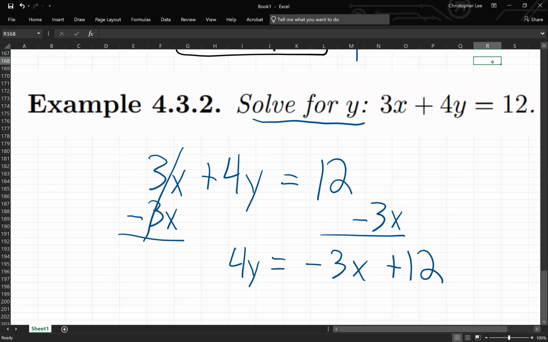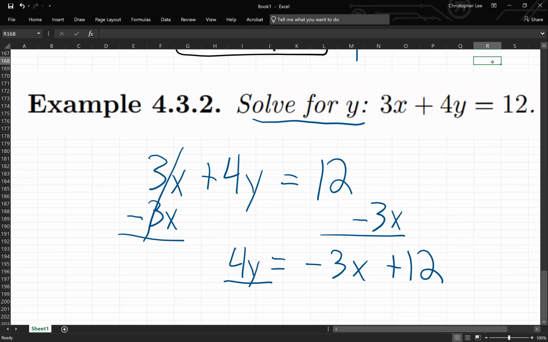They're different terms, so they can't be combined, right? But still, I don't have y by itself. This 4 is in front of it. How do I get rid of this 4? No, I have a 4 in front of the y. I want to get rid of the 4. Not subtract, divide, right?